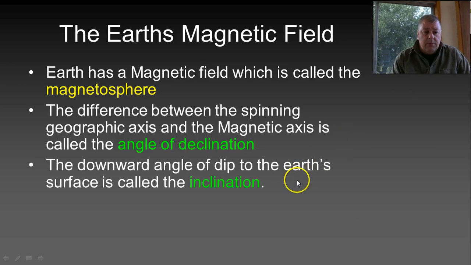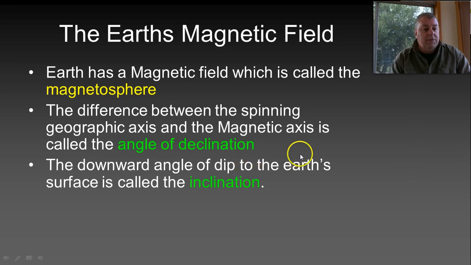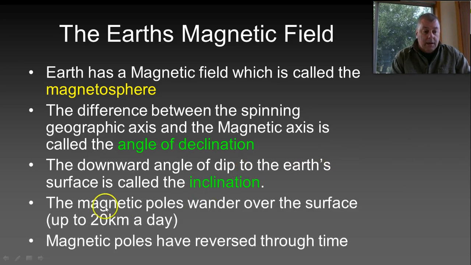The downward angle of the dip to the Earth's surface is called the inclination. So the magnetic field comes out of the Earth's surface at an angle, and that's the angle there. Or it may go into the Earth's surface depending on where you are in the northern or southern hemisphere, and that's called the inclination. And our actual magnetic poles wander around the surface because the Earth's magnetic field is a very dynamic thing.